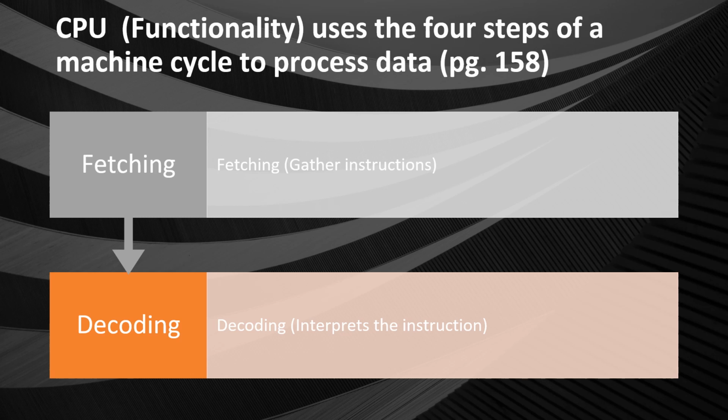CPU functionality. It uses 4 steps for a machine cycle to process data, which a lot of people do not know about. The first step is fetching. Fetching gathers the information from the machine.